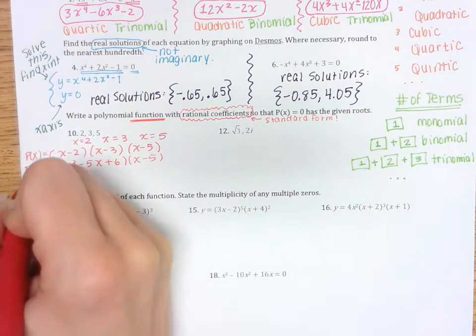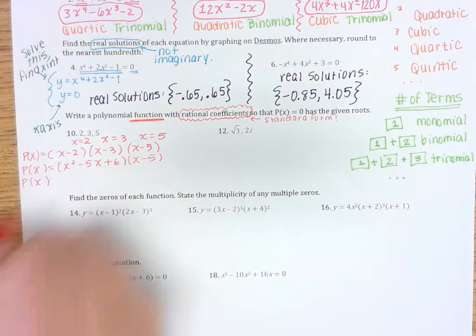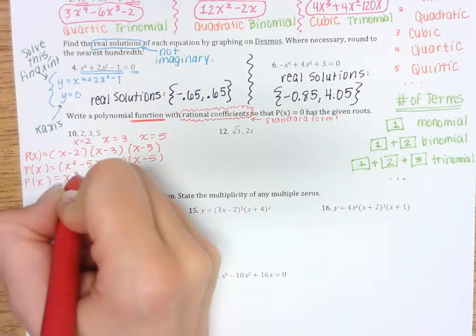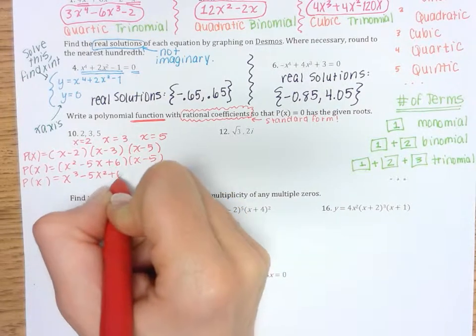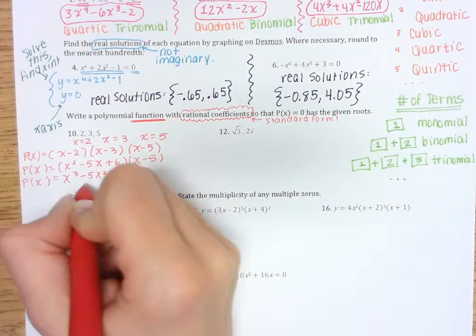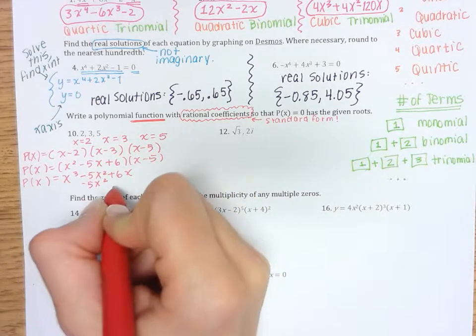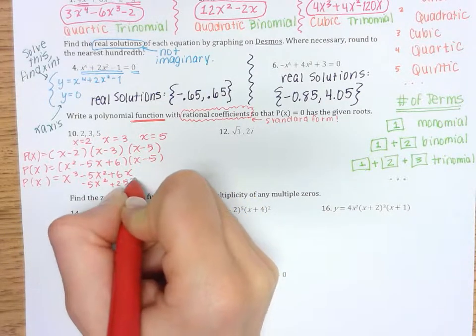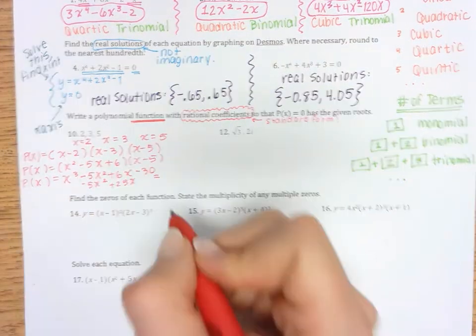Continue expanding. P of x equals, I'm going to distribute this x to all 3 things. That gives me x to the third minus 5x squared plus 6x. Now I'm distributing the negative 5: minus another 5x squared plus 25x minus 30, equals, final answer, combine any like terms.